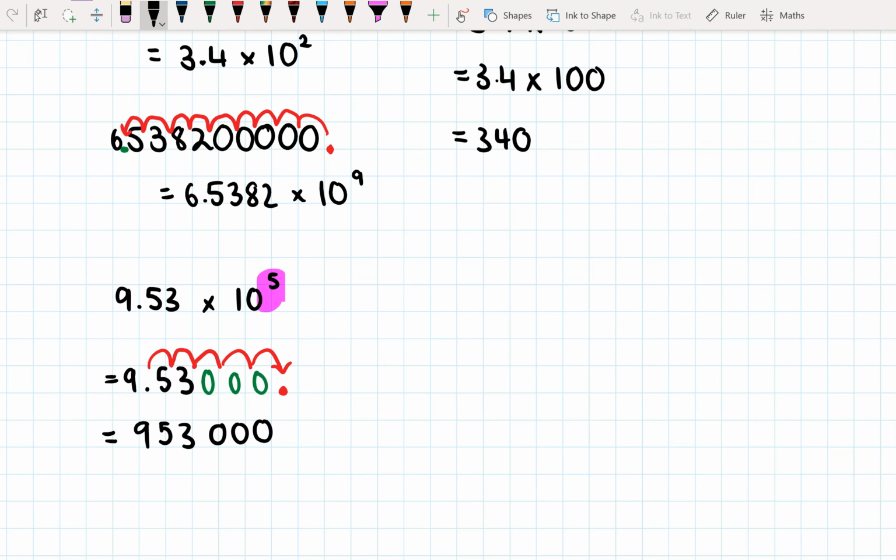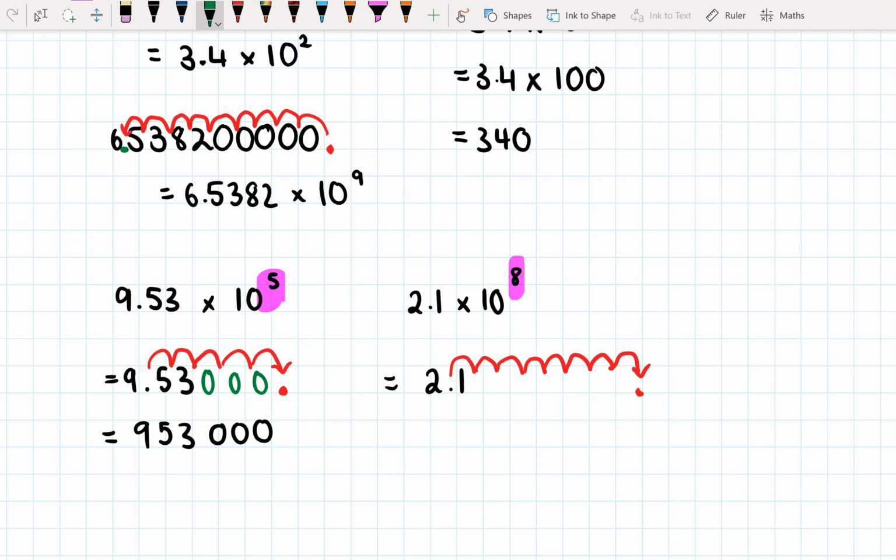Let's do another one. 2.1 times 10 to the power of 8. So we start with 2.1. We have to move our decimal 8 spots. So we're going to make 8 jumps. 1, 2, 3, 4, 5, 6, 7, 8. Our decimal is now here.